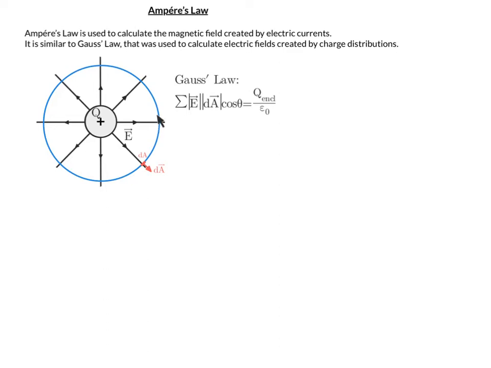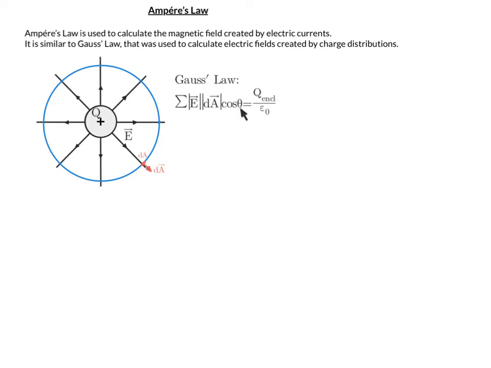So we draw this Gaussian surface, which is a sphere around this charge, and then we use Gauss's law that says that the electric flux is equal to the charge enclosed by the Gaussian surface divided by epsilon naught. So here we subdivided the sphere into infinitesimal areas that were pierced by electric fields.